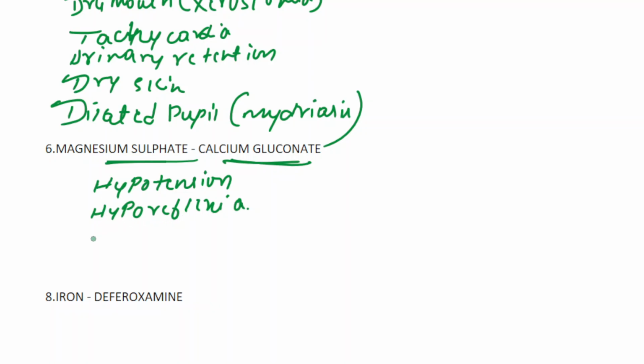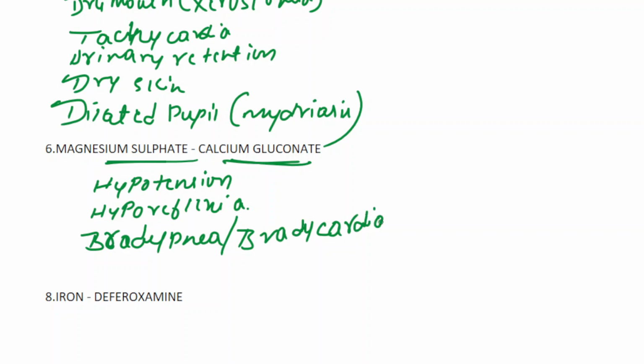In severe overdose, it causes bradypnea and bradycardia also. ECG change in overdose of magnesium sulfate is a prolonged PR interval.